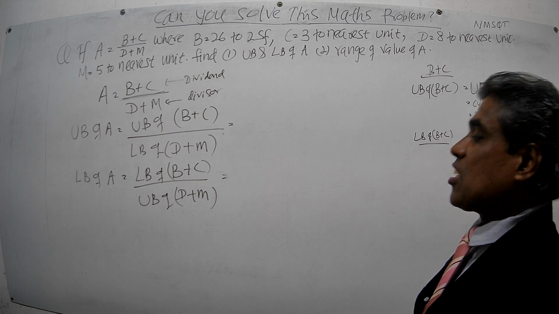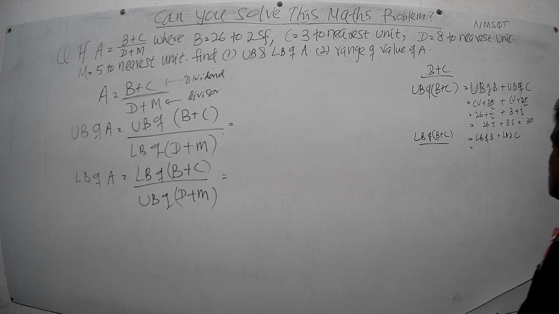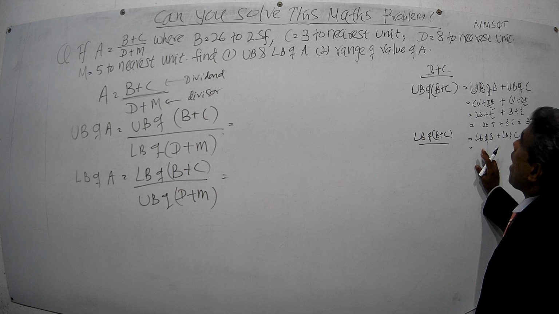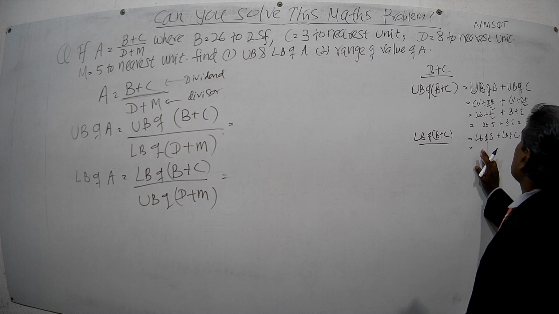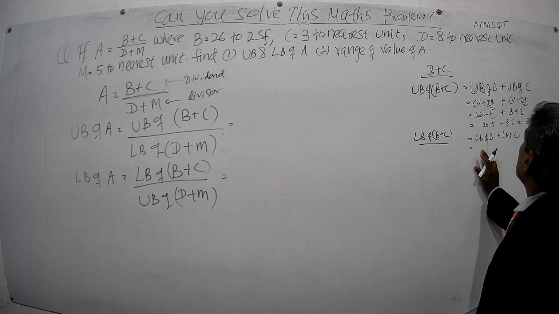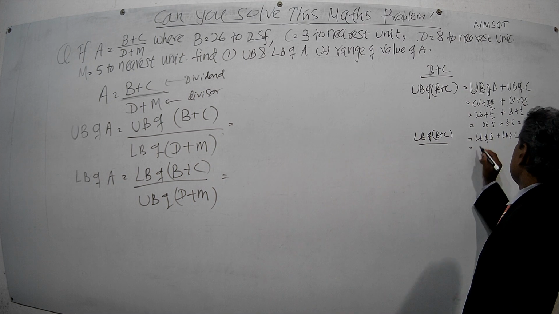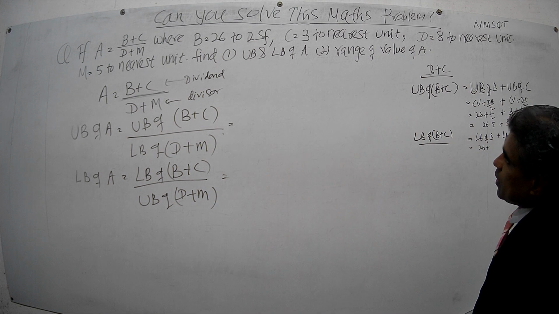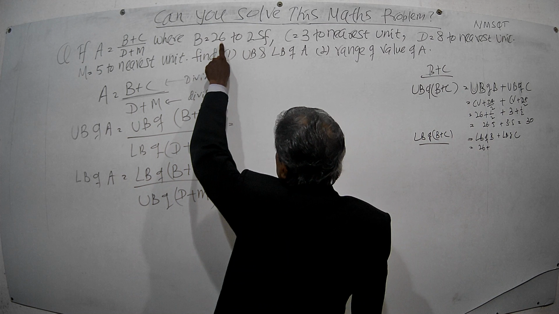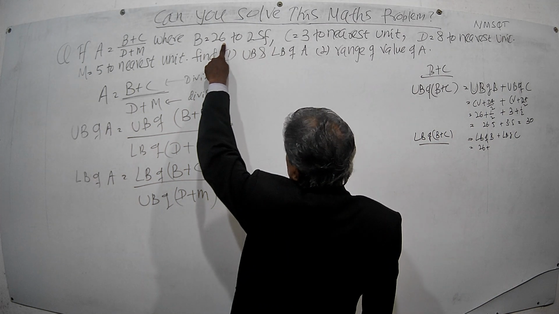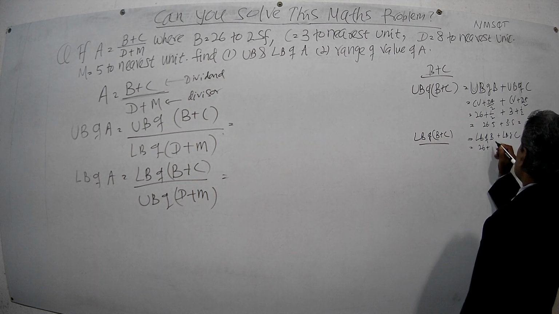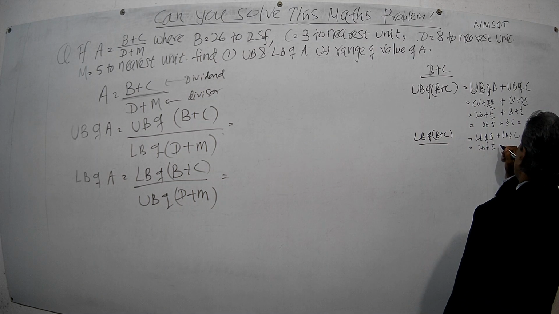What is the corrected value of B? 26. What is the degree of accuracy? The second significant figure's place value is unit, so therefore it's 1. 1 is the degree of accuracy.